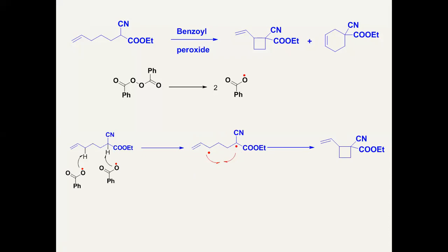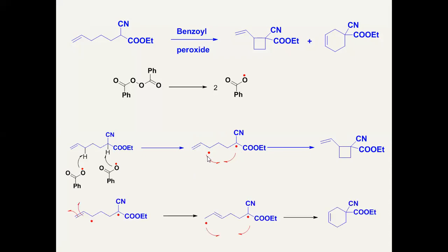One more possibility is that this double bond undergoes homolytic cleavage, and there is a generation of a radical here at this carbon. This radical and the radical at the terminal carbon undergo cyclization and form a compound like this.